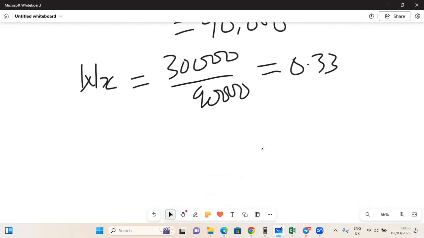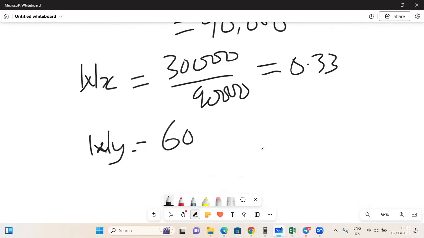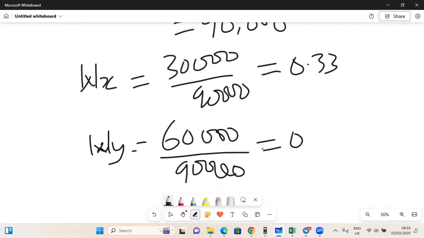Now, to find the weight of Y, we take the amount invested in Y, 60,000, all over the total, and that gives us 0.67.